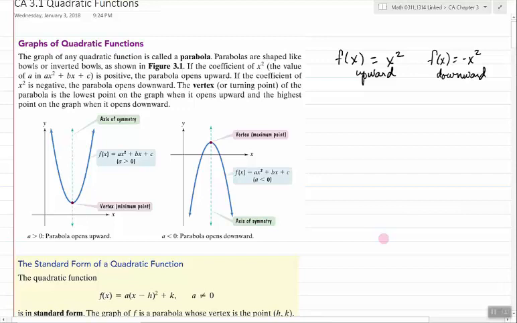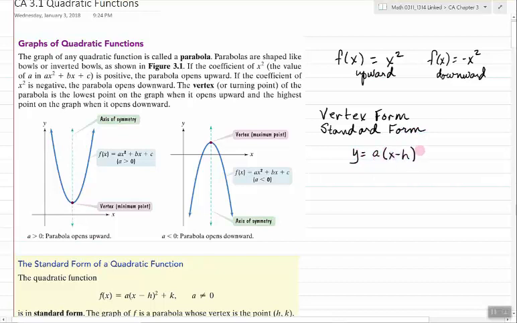There are two forms that a quadratic function can take, and I think instead of writing f of x, I may write y equals, but that shouldn't really matter to you. Sometimes it is called vertex form. It's also called standard form. And it is y equals a parentheses x minus h quantity squared plus k.